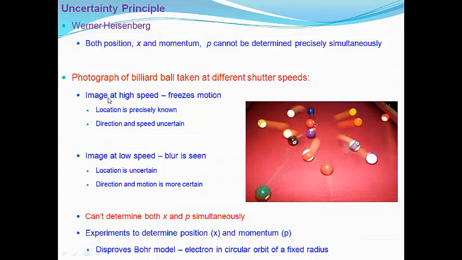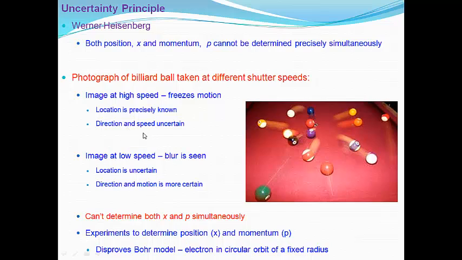If you use a very high-speed camera, the motion is frozen very quickly and you get a very sharp picture. The problem with that is that you can precisely determine the location, exactly where the balls are, but you have no sense of where the balls are moving. And if you have no sense of where the balls are moving, you have no sense of the speed of the balls, and you have no sense of the momentum of the balls.